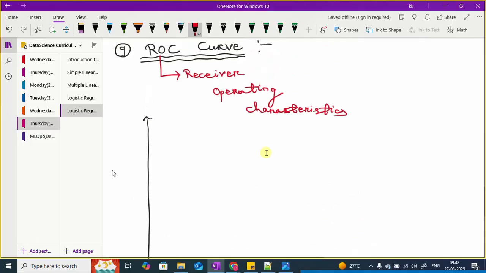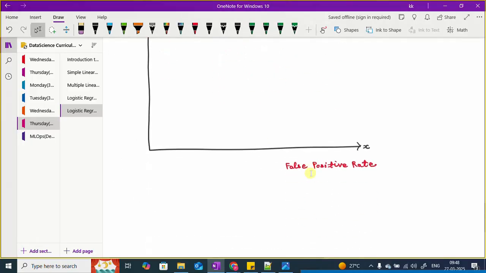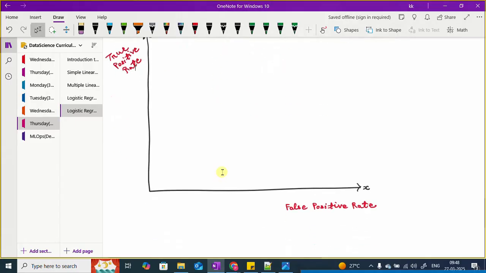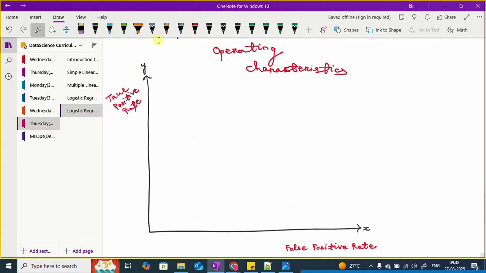Similarly, on the y axis, I'll take the true positive rate. And if I draw a diagram between the false positive rate and the true positive rate, the diagram looks like this.